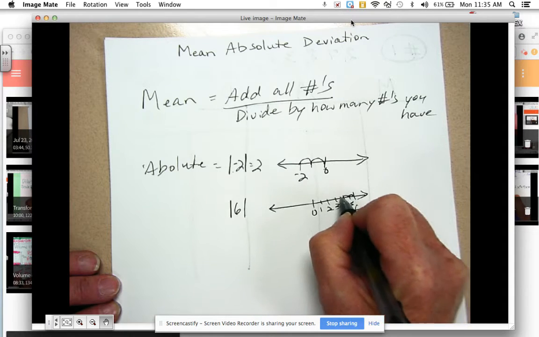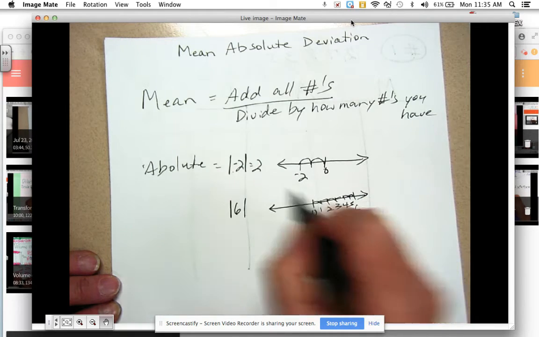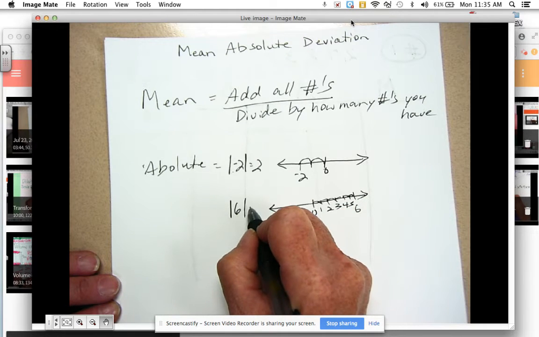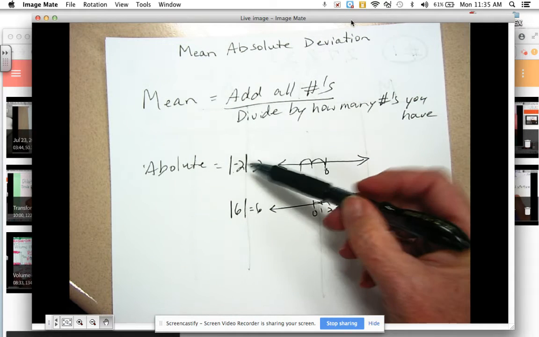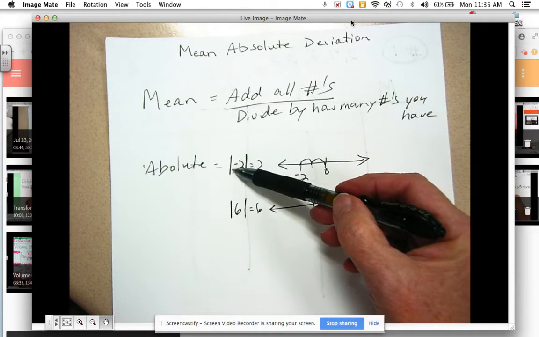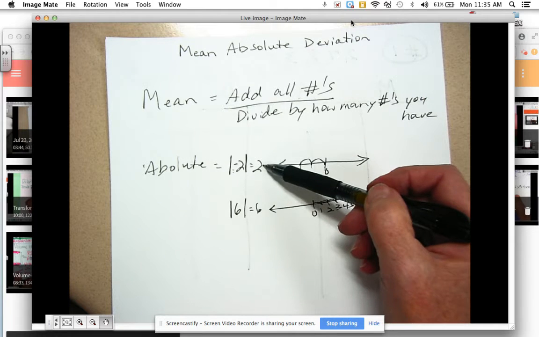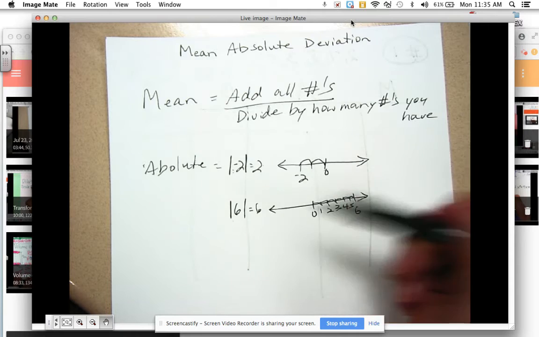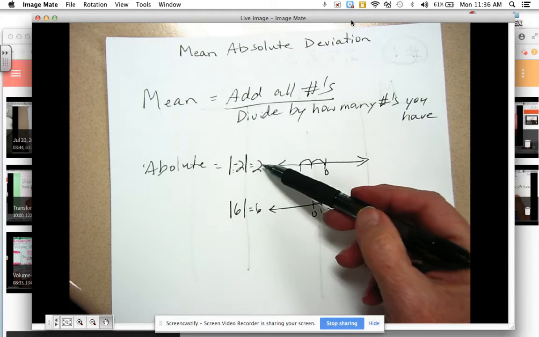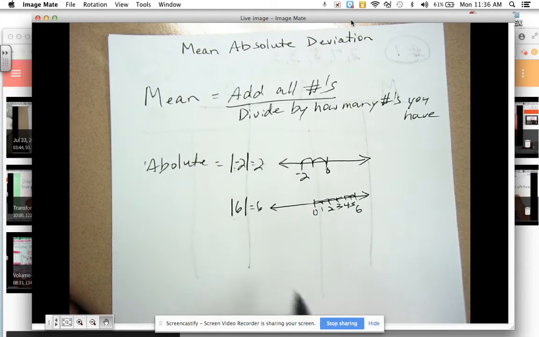So the absolute value of a positive 6 is 6. Even if it's -2 to 0, the distance is a positive 2. The distance from 6 to 0 is still positive. So for now, just to let you know, the distance of absolute value will always be a positive number.